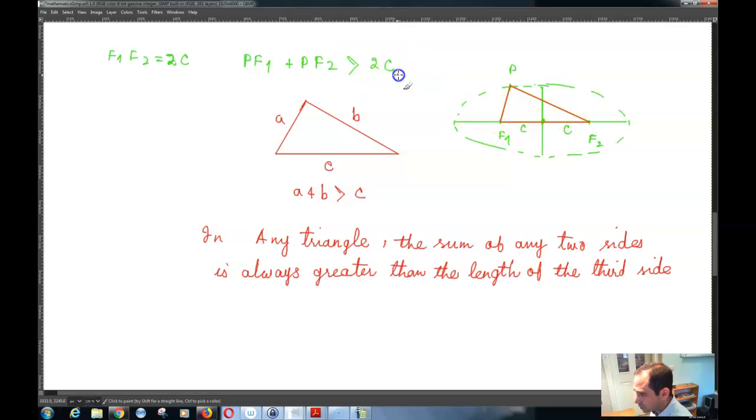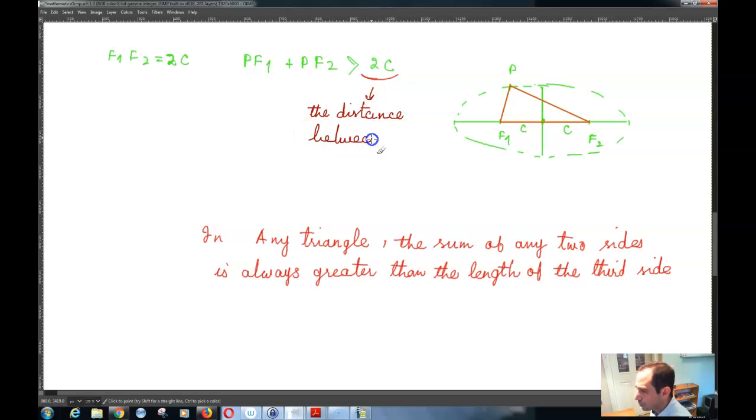And this 2C over here is actually the distance between the two foci.